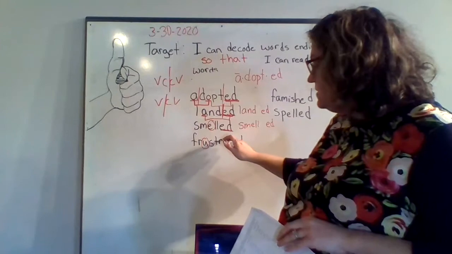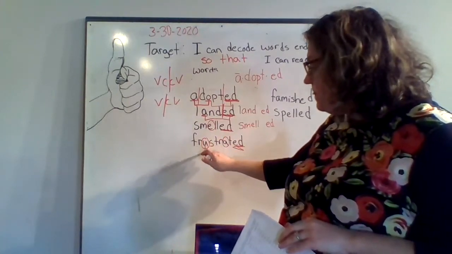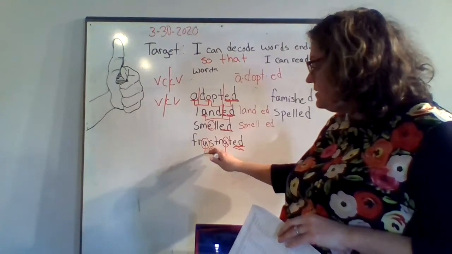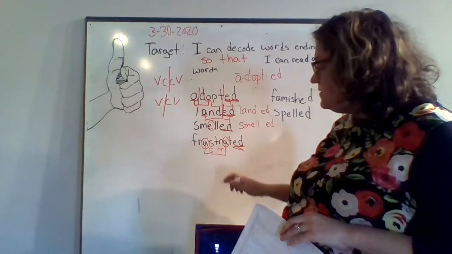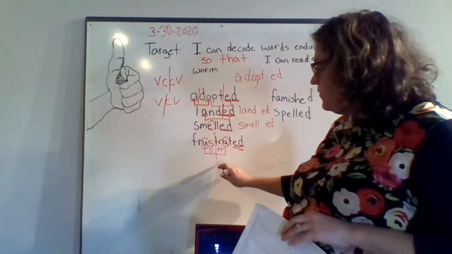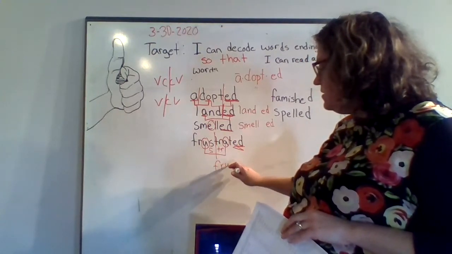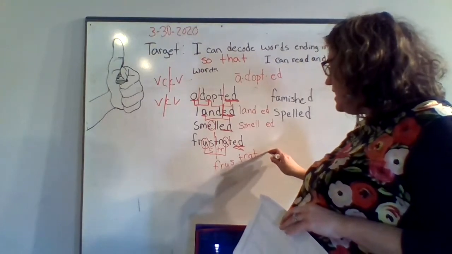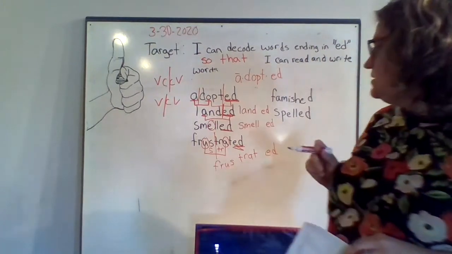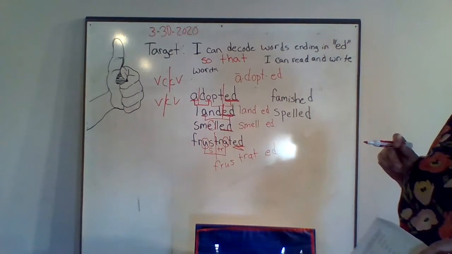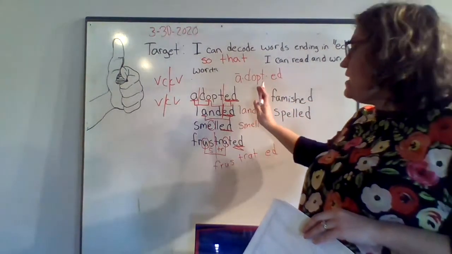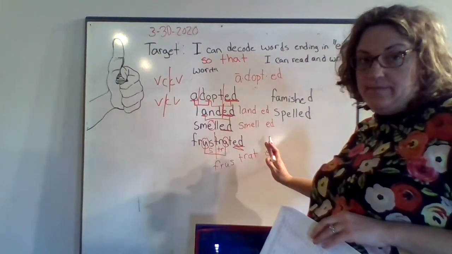The U and the A, right? And on the bridge, there's the S and the TR. Frus, tray, and then ED is always by itself, right? So you know that ED is always by itself.